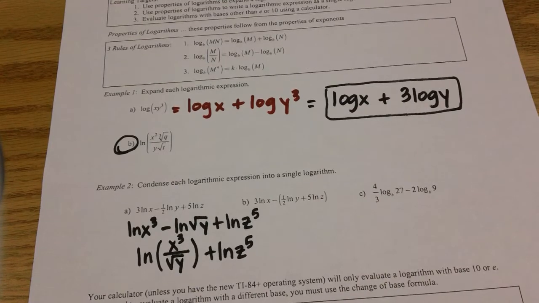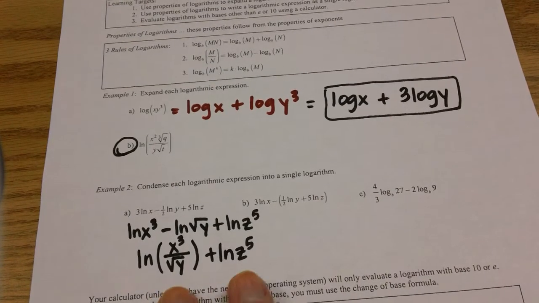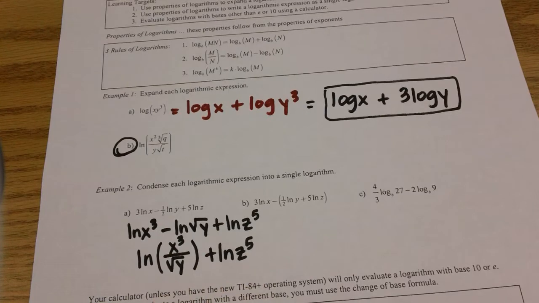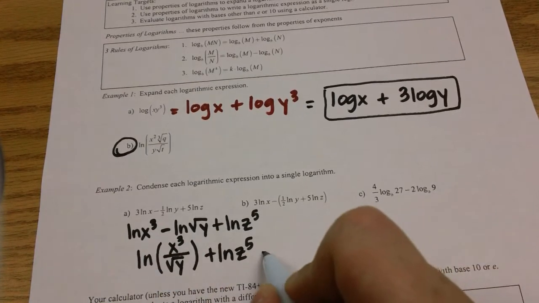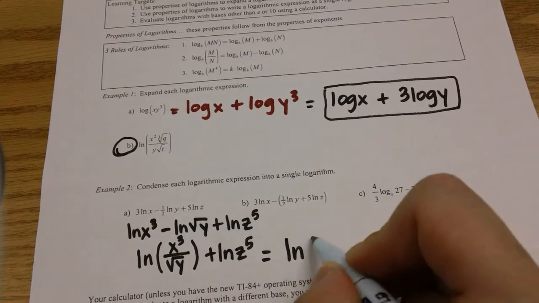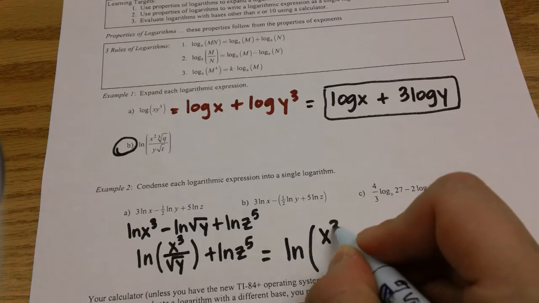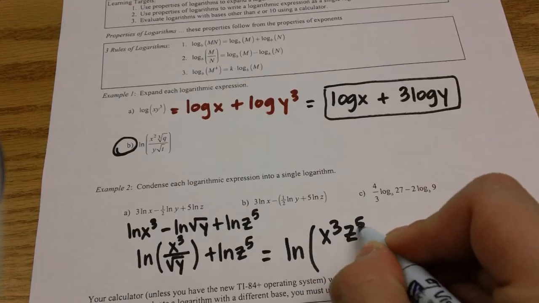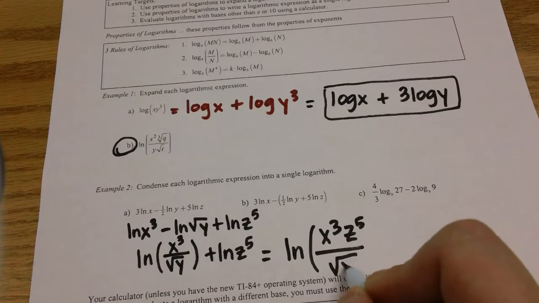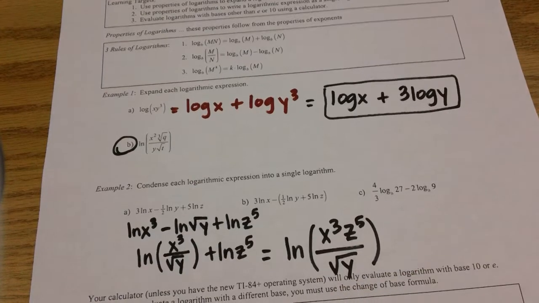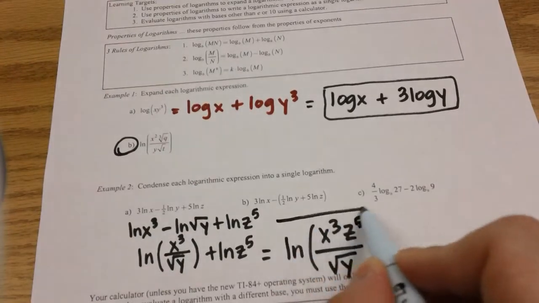All right, so now we can put these two together by multiplying. So what we would end up getting in the end is the natural log of x to the third, z to the 5th, over the square root of y. Okay, so this would be our final answer.